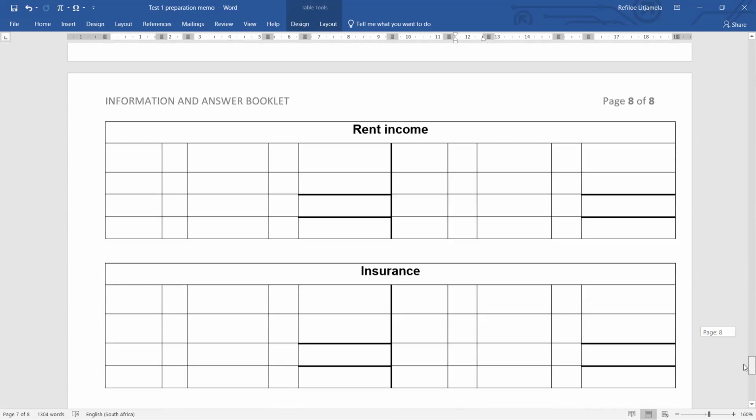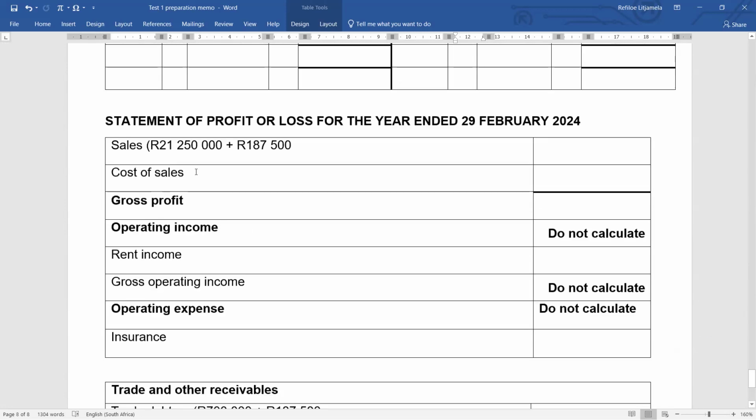So we're going to leave cost of sales out. Instead, we're going to come here. Open brackets. What do we have as cost of sales? 8.5 million, but I'm going to add it with what? 75,000.